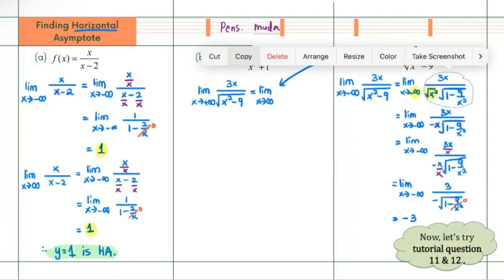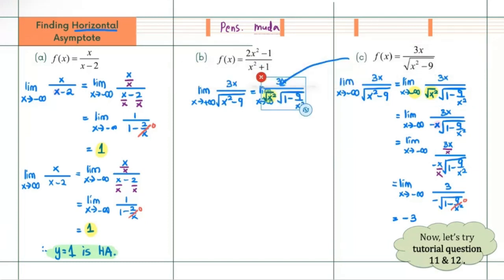Saya copy dan saya salin. Okay. Now, this square root of x square will become 3x over x square root of 1 minus 9 over x squared.